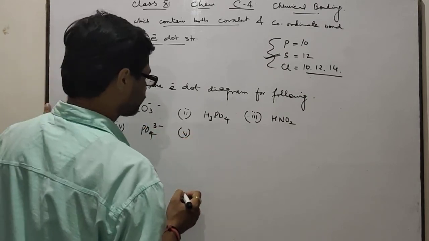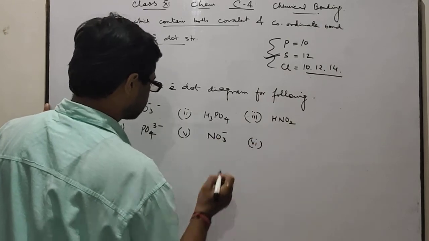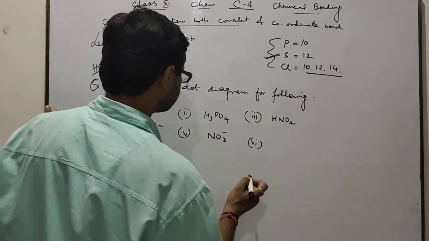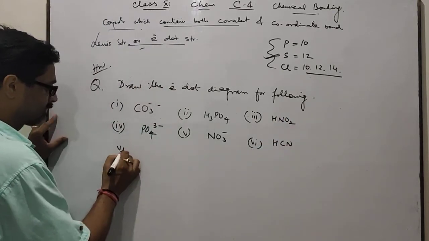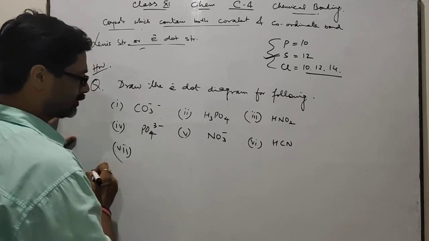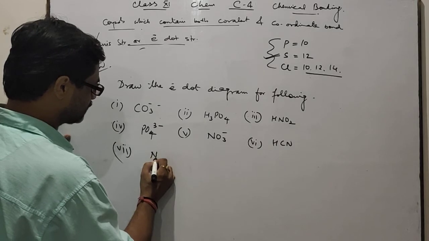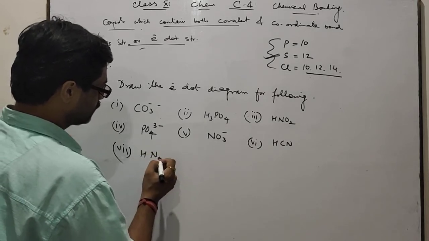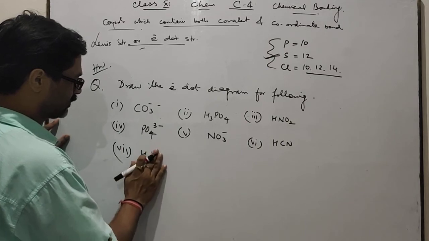Fifth, NO3 minus. Sixth, HCN. Seventh, HClO4.